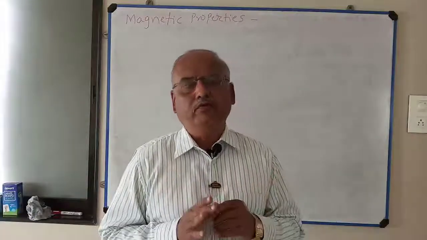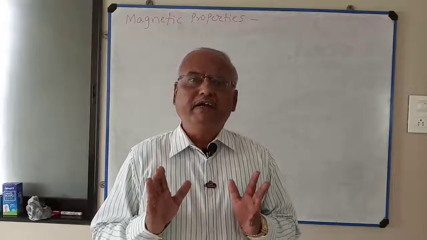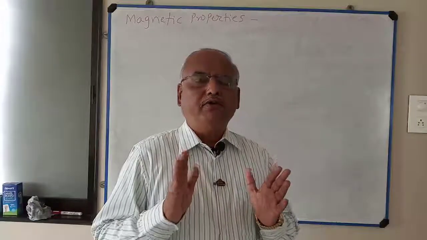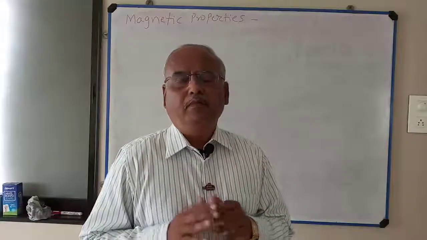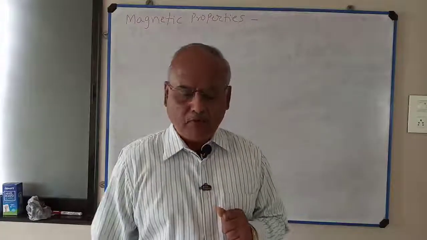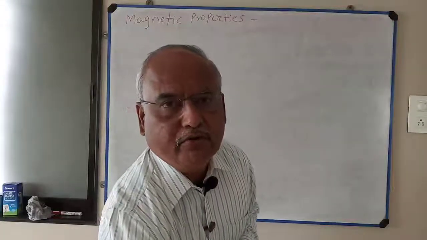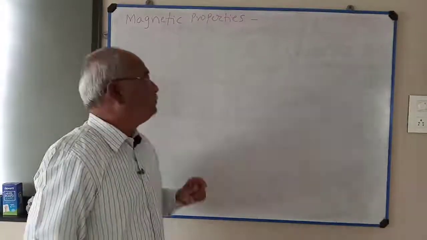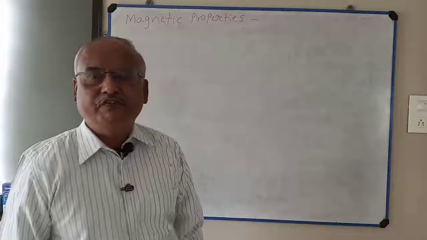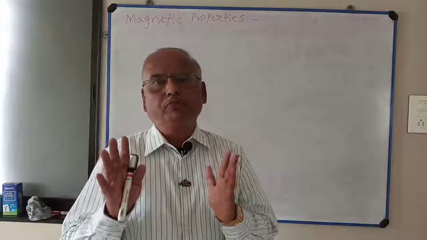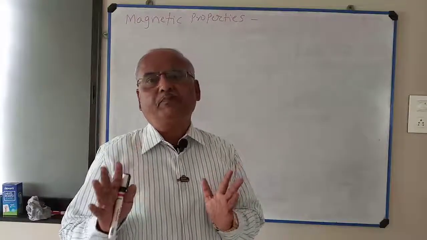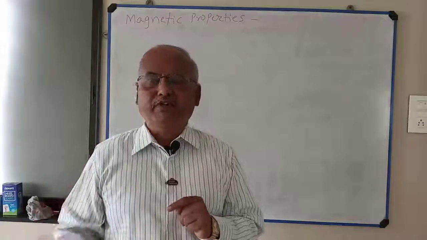In last video, we saw trends in atomic and ionic radii, ionization enthalpy, metallic character, melting point, etc. Today in this video I am going to explain magnetic properties of transition elements, color shown by transition elements, and then catalytic properties of transition elements.